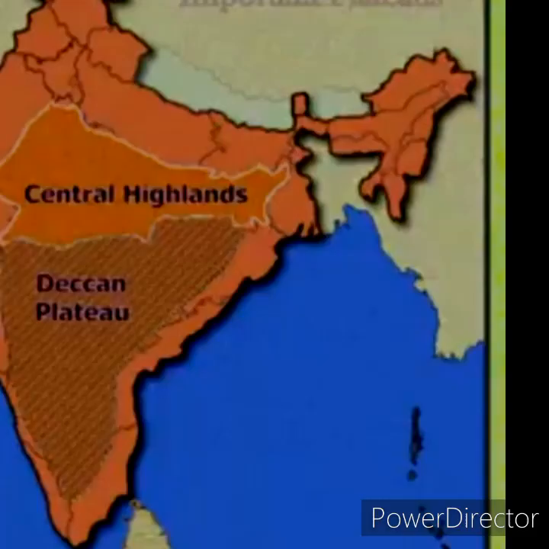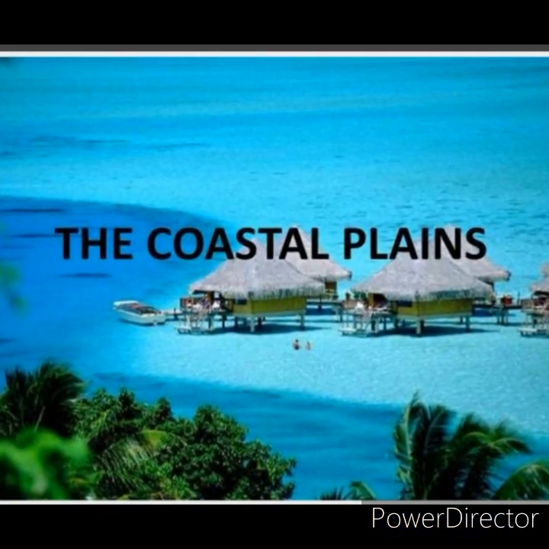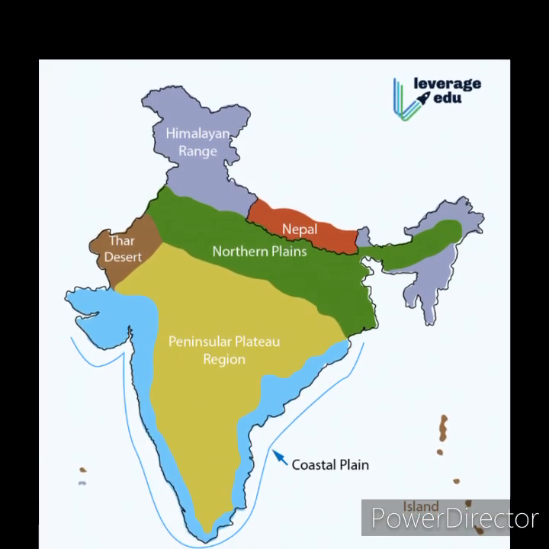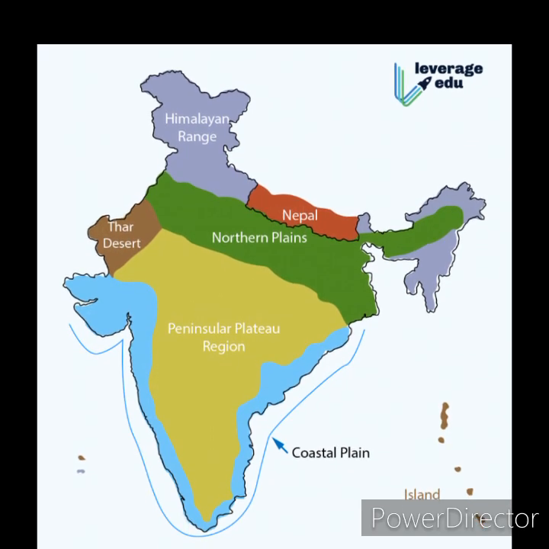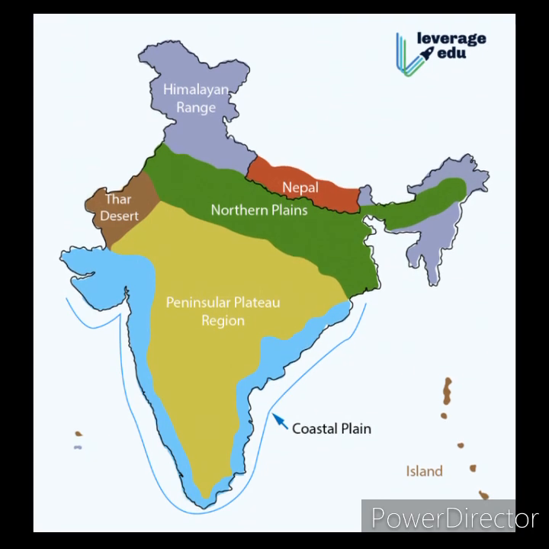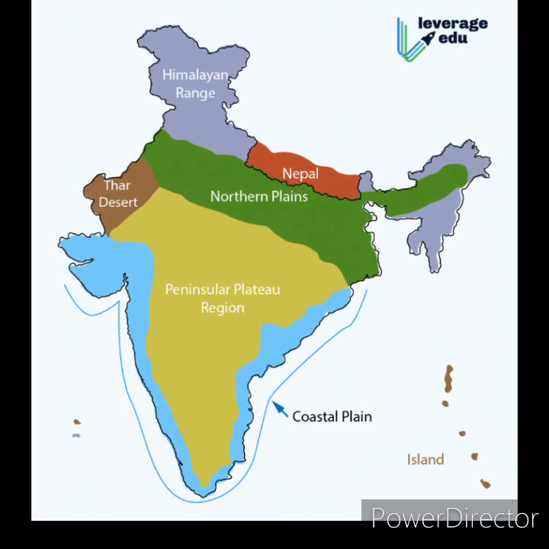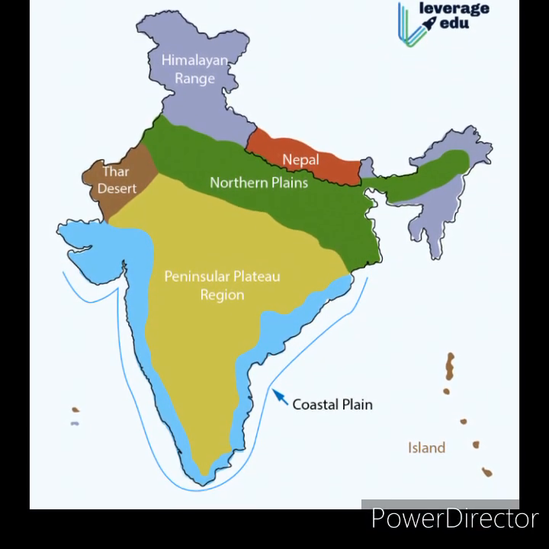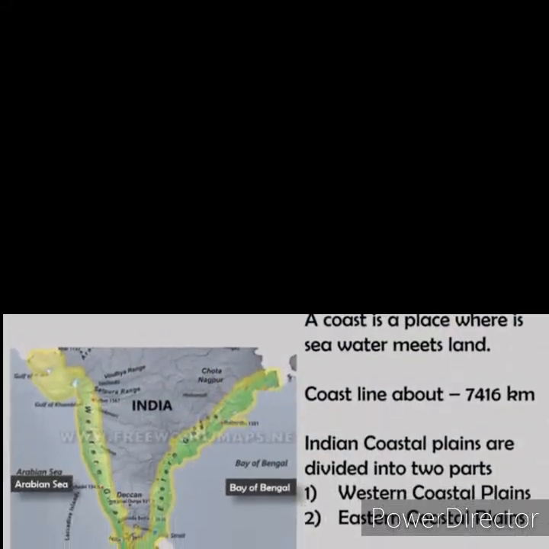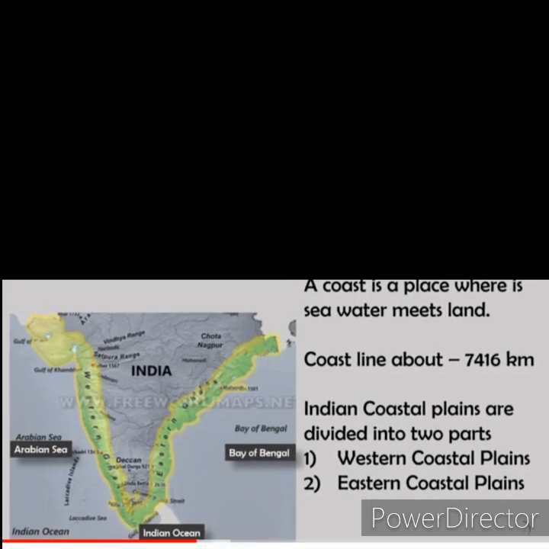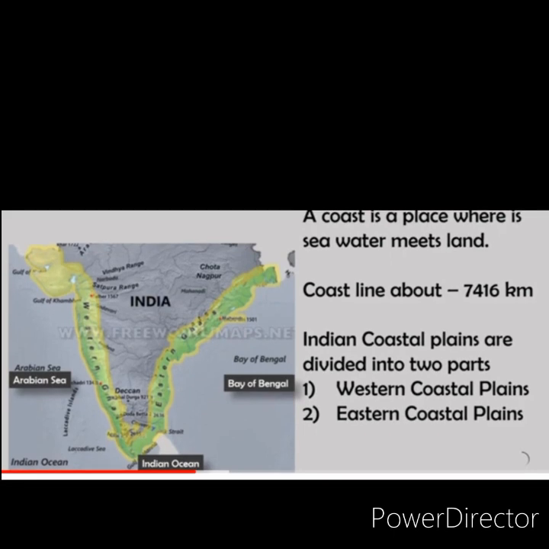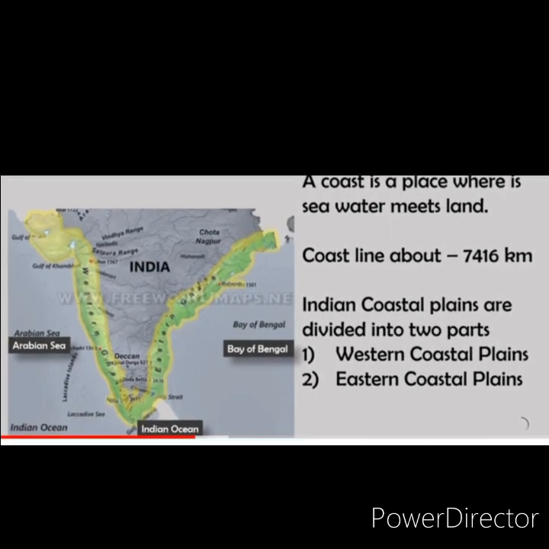Next is the coastal plains. Now, the peninsular plateaus are surrounded by plains along the coast. So, these plains along the coast are known as the coastal plains. It is divided into two parts, that is the eastern coastal plains, which is towards the east, and the western coastal plains, which is towards the west.